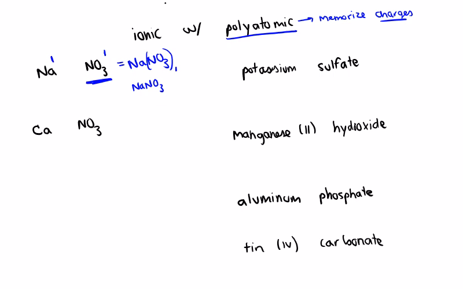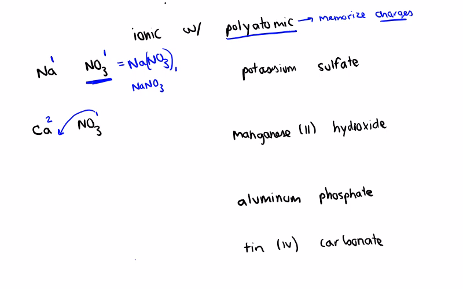So calcium has a positive 2 charge. Nitrate has a 1 charge. When I crisscross, the 1 is going to come to the calcium, but this 2 means that I'm going to need to have 2 nitrates. We're not going to start changing the subscripts on our polyatomic ions at all.